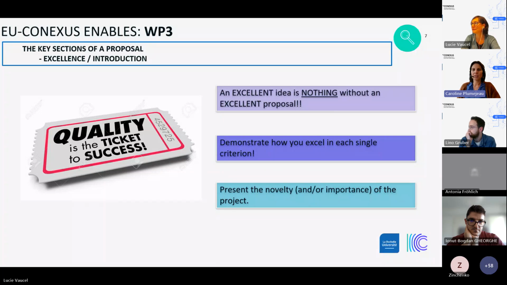That is the first idea to keep in mind. You need to demonstrate how you excel in each single criterion. One of the most significant rules of this section is to present the novelty and the importance of the project. It's actually the place where you have the first real opportunity to impress and intrigue the reviewers with your project proposal.